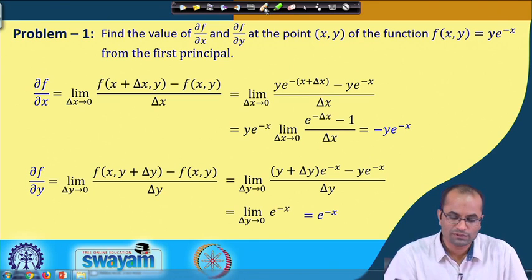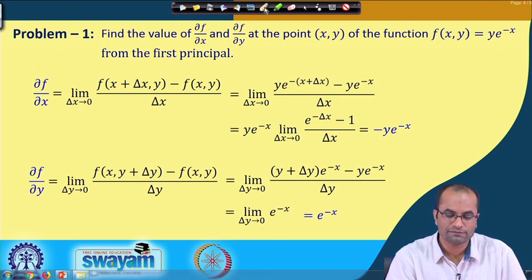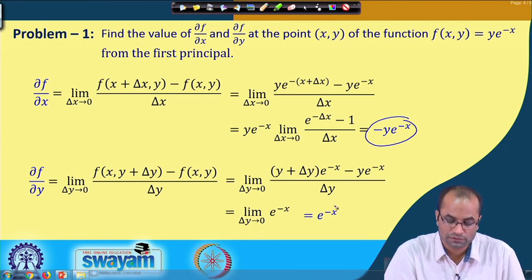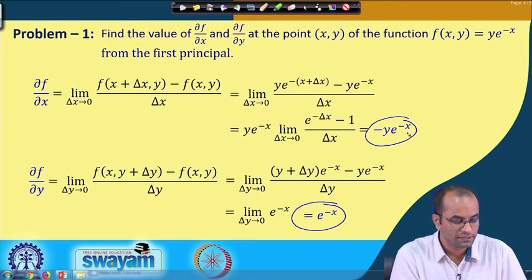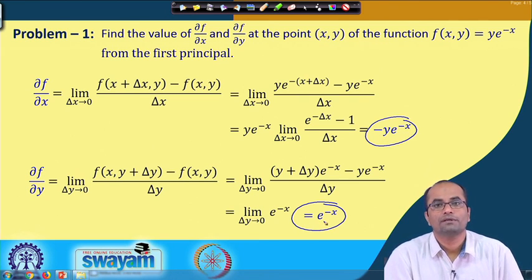So, this was using the basic, fundamental definition of partial derivatives. We got the derivative with respect to x as minus y e power minus x, and with respect to y it was e power minus x.